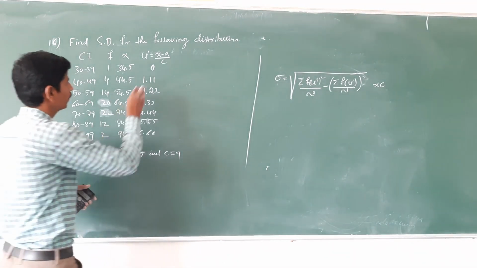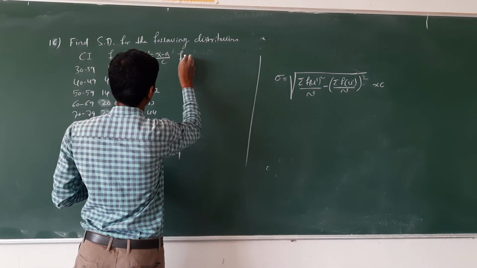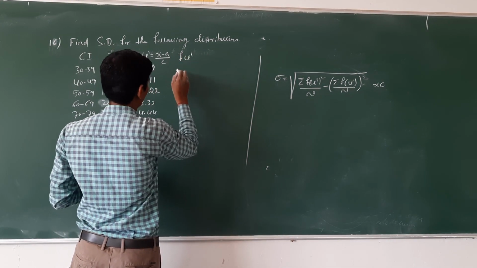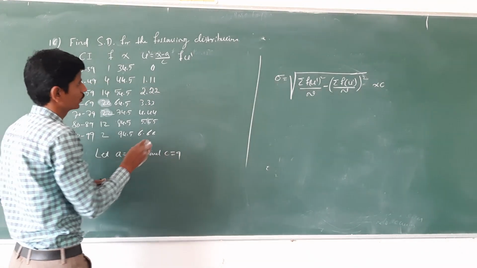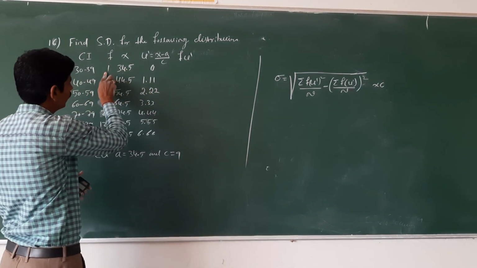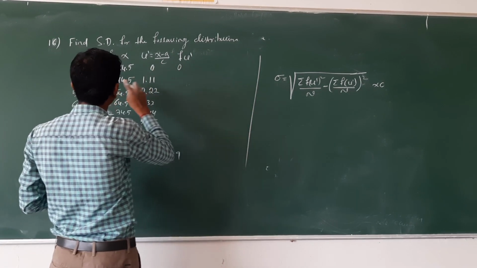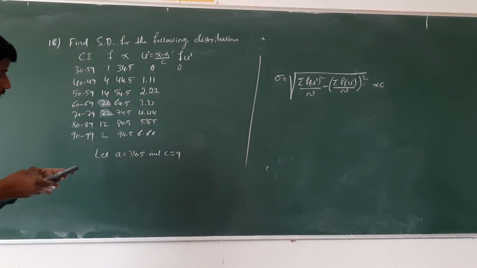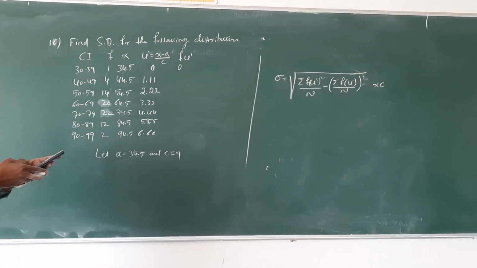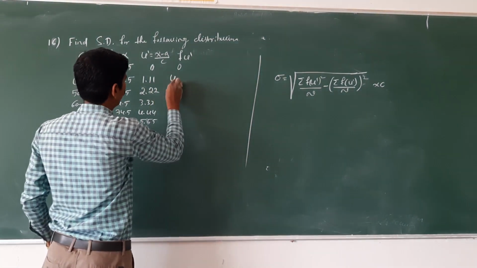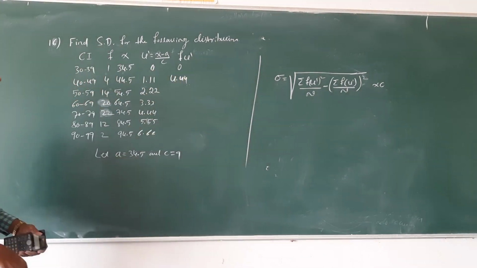Next we have to multiply f into u dash. Here f into u dash, that is 1 into 0, 4 into 1.11 is 4.44, and so on. Here you have to find.